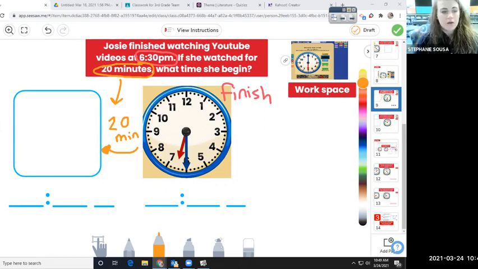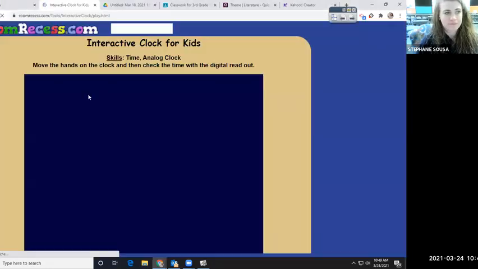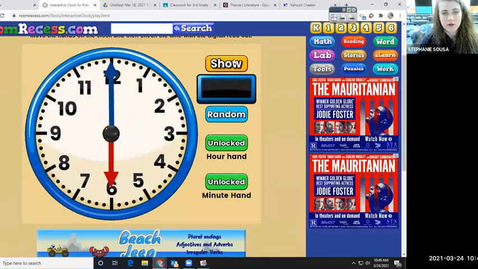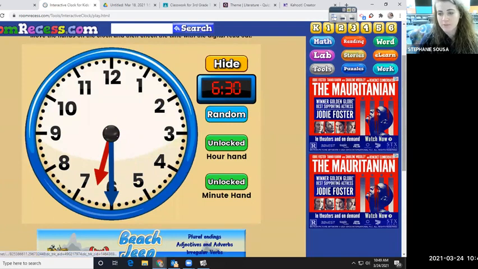Awesome. Okay, so what we're going to do is use our clock tool here to move backwards in time 20 minutes. Let's go ahead and click on that link. We're going to set up the time that it showed us, which was 6:30. I like to see my time. That way I can double check my work. 6:30. There we go.